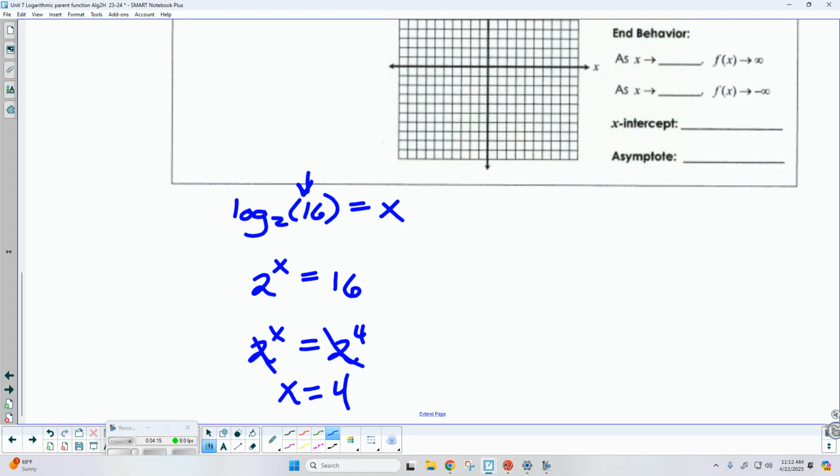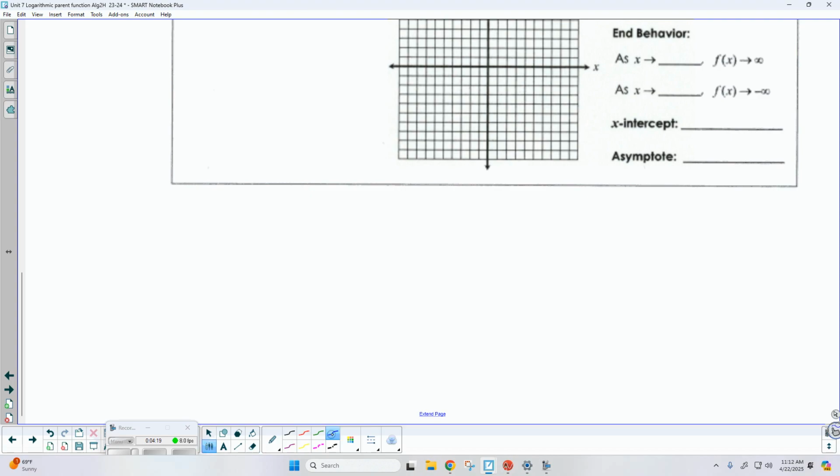All right, so what if I were to give you something like this? Let's say log base 3 of 27. Okay, what's that? Okay, very close. It would be 3. Log base 3 of 27 would equal 3. And why is that?